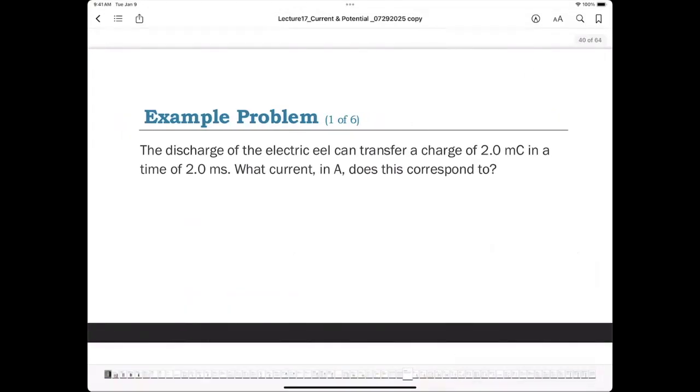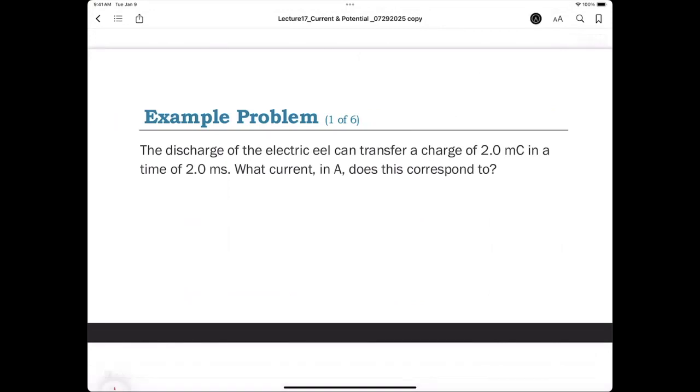The discharge of the electric eel can transfer a charge of 1.0 mC in a time of 2.0 milliseconds. What current in A does this correspond to?